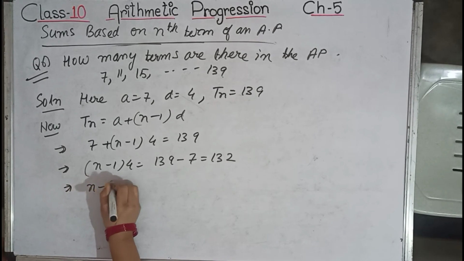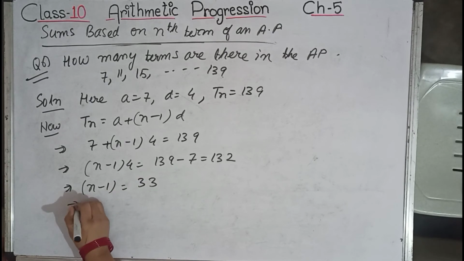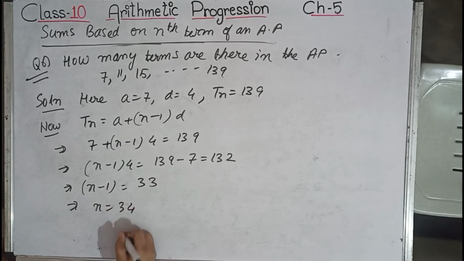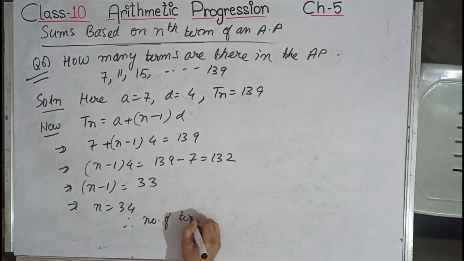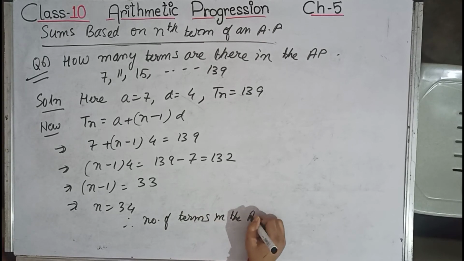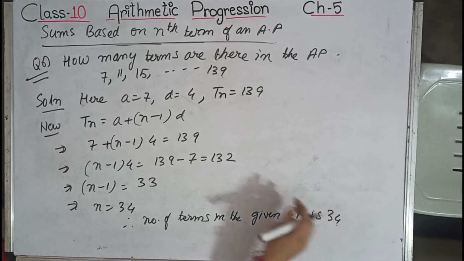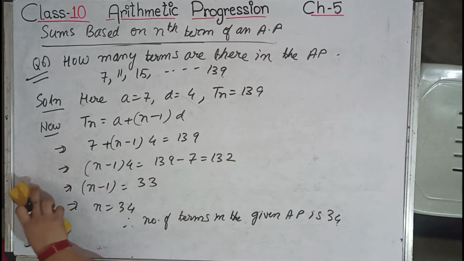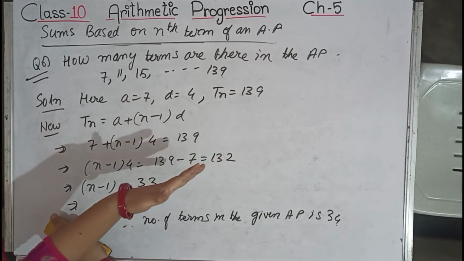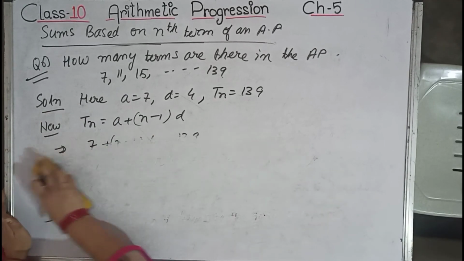This implies n minus 1 equals 33, since 4 33s are 132. This implies n equals 34. Therefore, the number of terms in the given AP is 34. So this type of question deals with the number of terms, that is, the value of n.